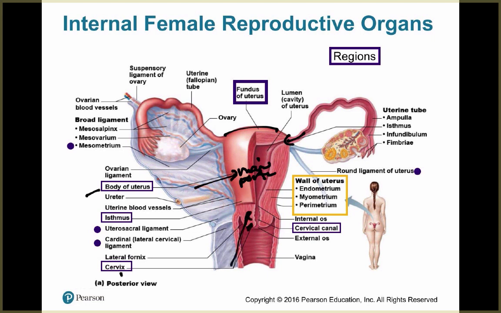This is the area that you have the cervix, and can you see how it's starting to narrow down and protrude into the actual vagina that's here. And then if you look at this last part right here, you'll look at the cervical canal. And that cervical canal is basically going to help in communicating with the vagina and the uterine body together. And you can see this isthmus that is there and located as well.